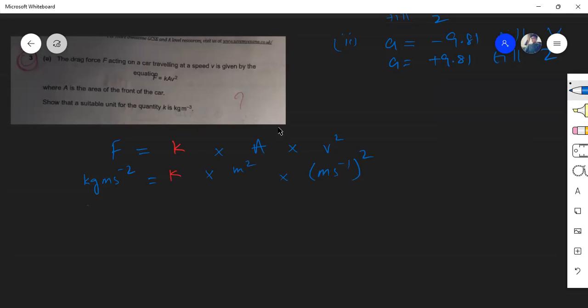So we write everything together: kg m s^-2 divided by m squared multiplied by m squared s^-2.